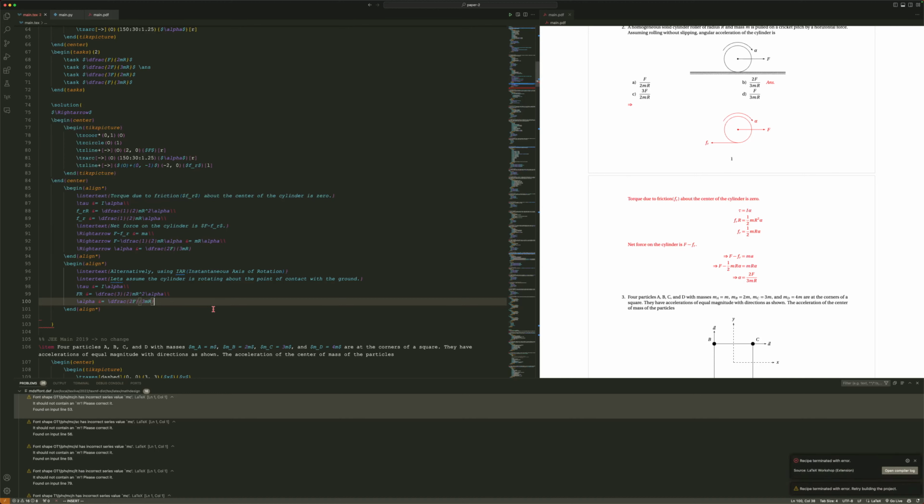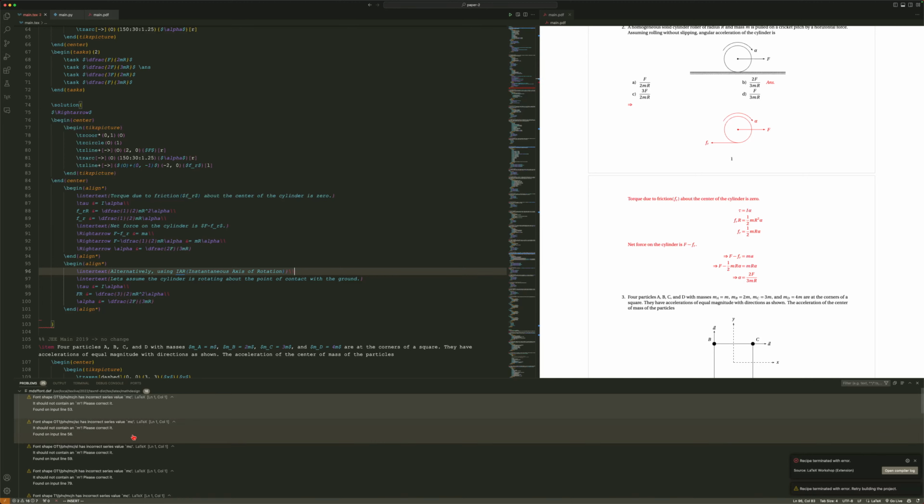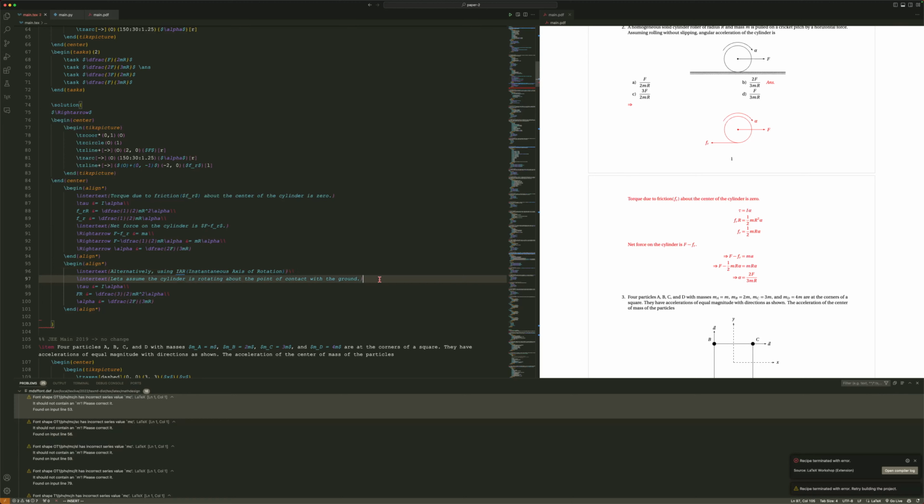Oh, no. Something is wrong. What's wrong? I think here. Still wrong. This is the problem of LaTeX. It doesn't provide proper instruction about where it's wrong. It just doesn't compile properly and does not give you any instruction. This is very frustrating.